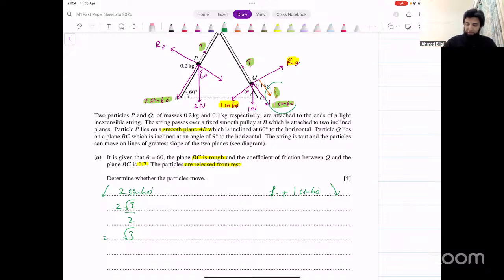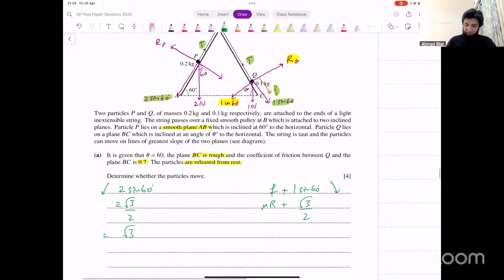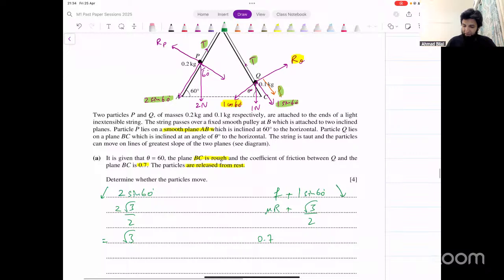On the right side, we've got these two forces acting. Friction, let's consider the maximum possible value of friction and see what that would be. Mu times R plus 1 sine 60. Sine 60 is under root 3 over 2. The value for mu, are we given that? Yes. In the first part, they're saying this is 0.7. 0.7 times the reaction.